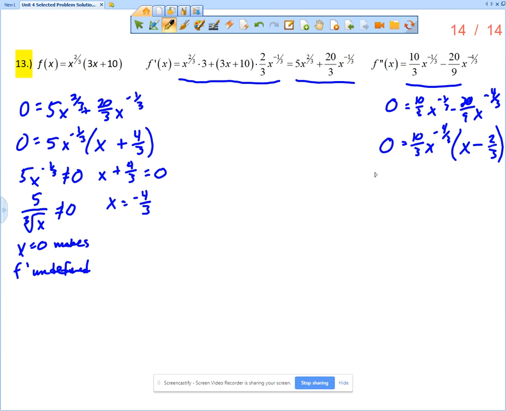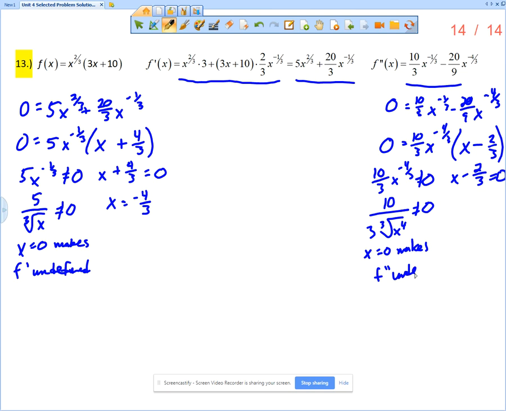Now I set 10/3 x to the negative 4/3 equal to 0, or x minus 2/3 equals 0. 10/3 x to the negative 4/3 is never equal to 0, because it means 10 over 3 times the third root of x to the fourth. But once again, x equals 0 makes f double prime undefined, which we already knew because f prime was undefined.